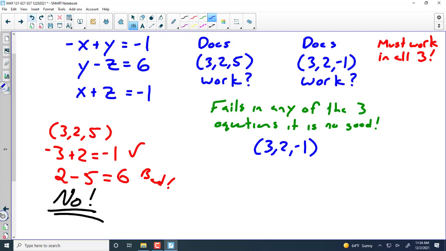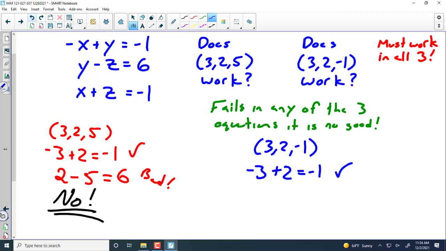So it's going to be negative 3 plus 2 equals negative 1, check. It's going to be, did I copy this right? Losing my mind. No, I didn't. One second, everyone, I'm losing my mind.